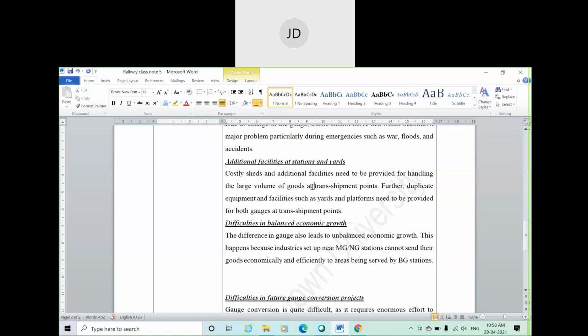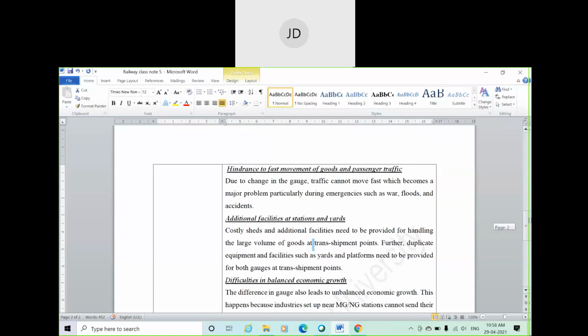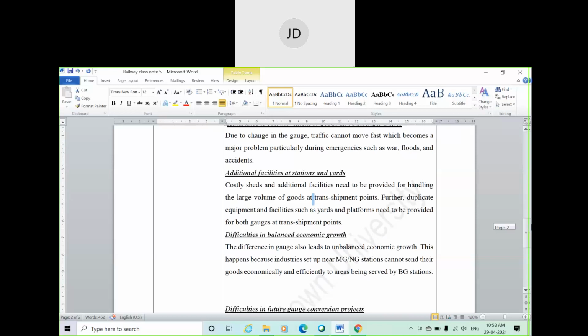Because of the changing of goods from one train to another, the economic growth rate of a particular industry, or in a broad way the growth rate of India, or even of a country, is greatly harmed by the multi-gauge system, since it harms economically, and also wastes time and manpower.